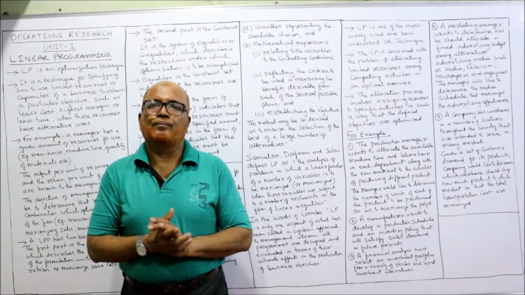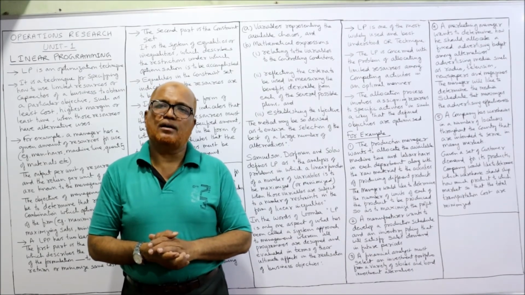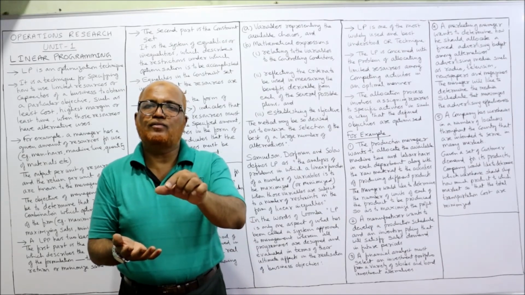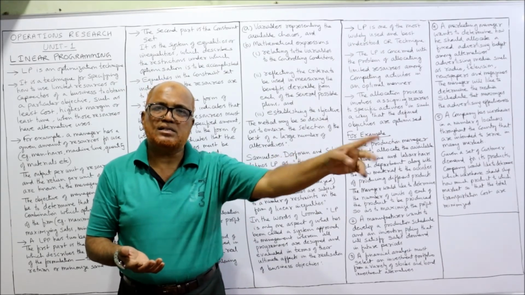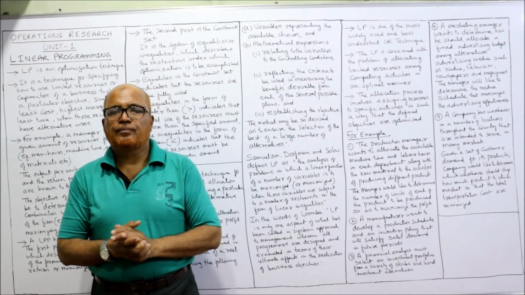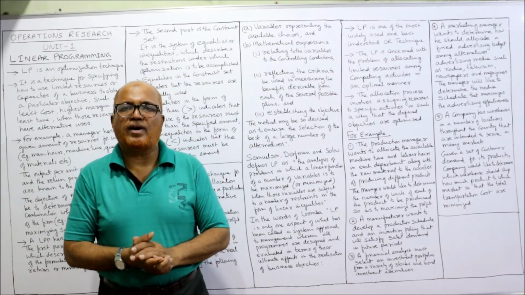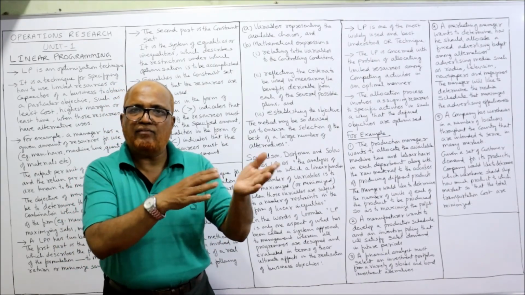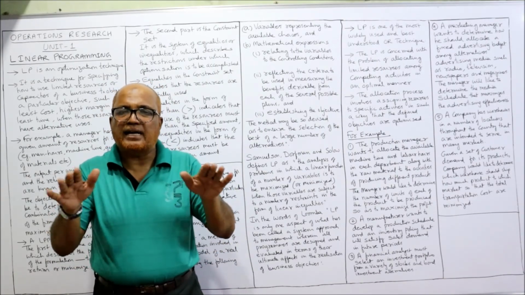Now the company wants to decide how many units should be transported from each of the origins to each of the destinations, so that the demand gets satisfied within the constraint of supply. So we have supply, we have demand. Both should be satisfied.